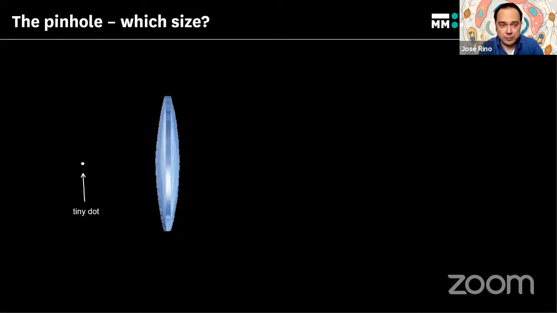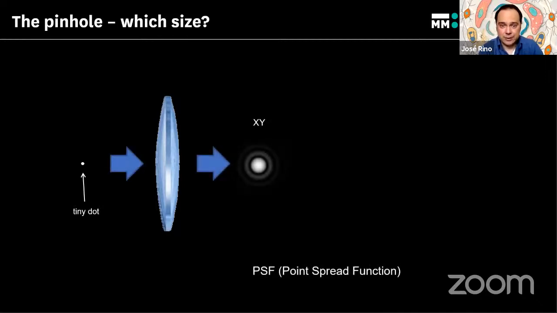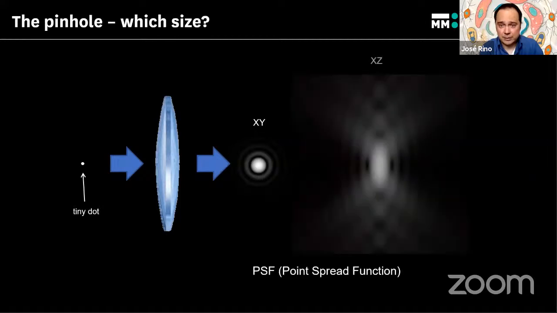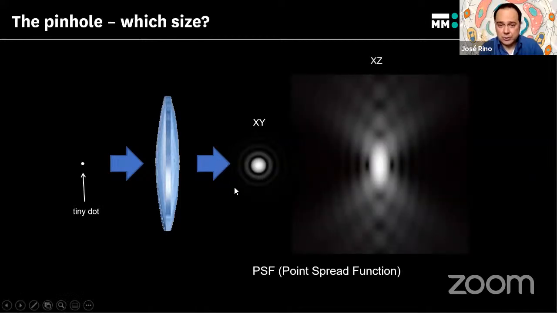As you remember from David's talk, the image of a point in a microscope is not a point. It's actually a three-dimensional pattern of light interference, which is called the point spread function. It looks like this in XY. You see the brighter disk, then rings of interference that spread.